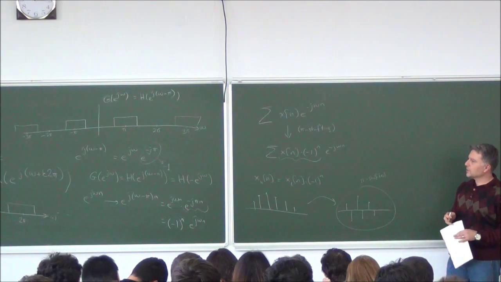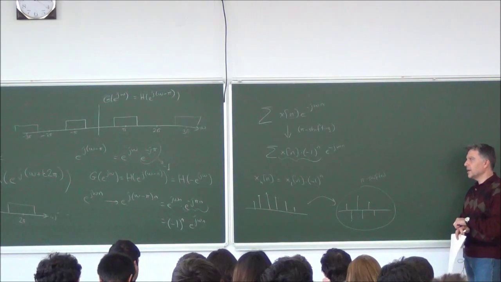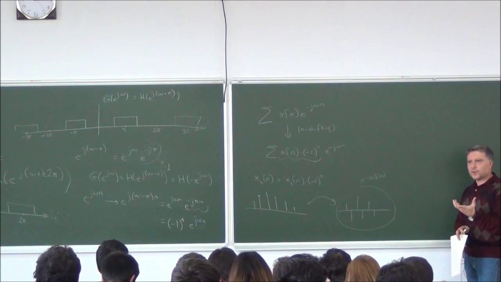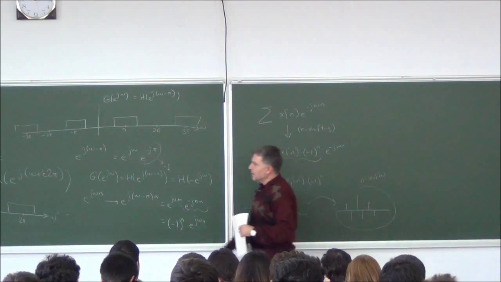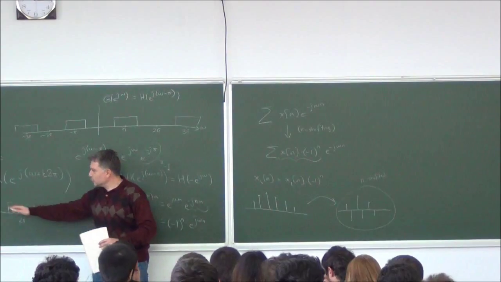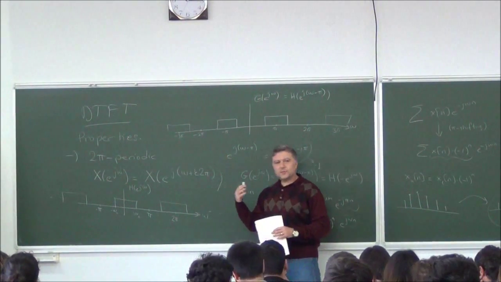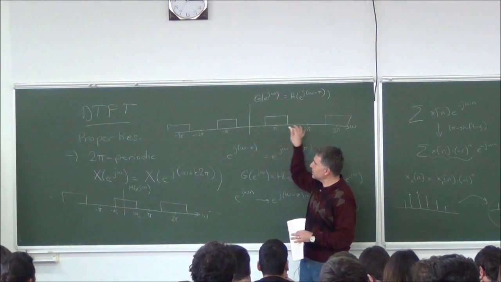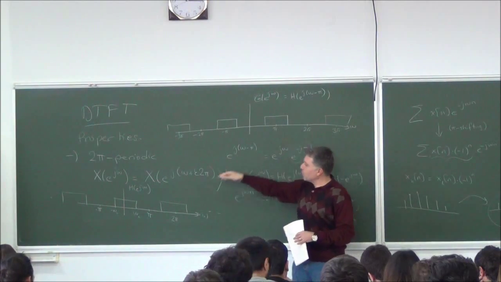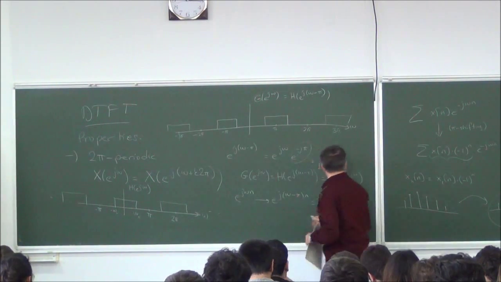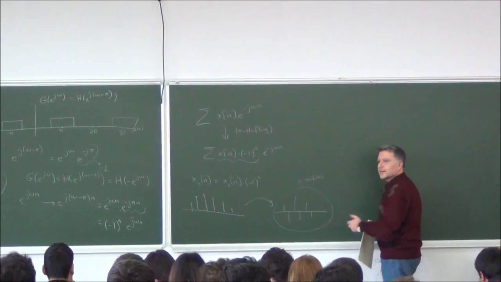So the first property therefore gives us an idea, a hint about the shape of the Fourier transform. If you have a shape of the Fourier transform which is arbitrary but 2 pi periodic, of course, and you want to come up with a pi shifted version, let's say a high pass version of the original low pass signal, what you really do is in the time domain you take it and you alternate their signs.